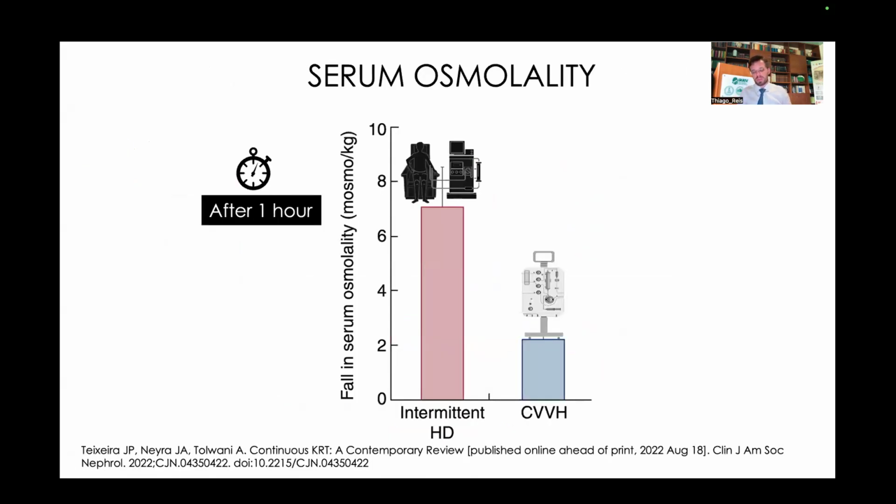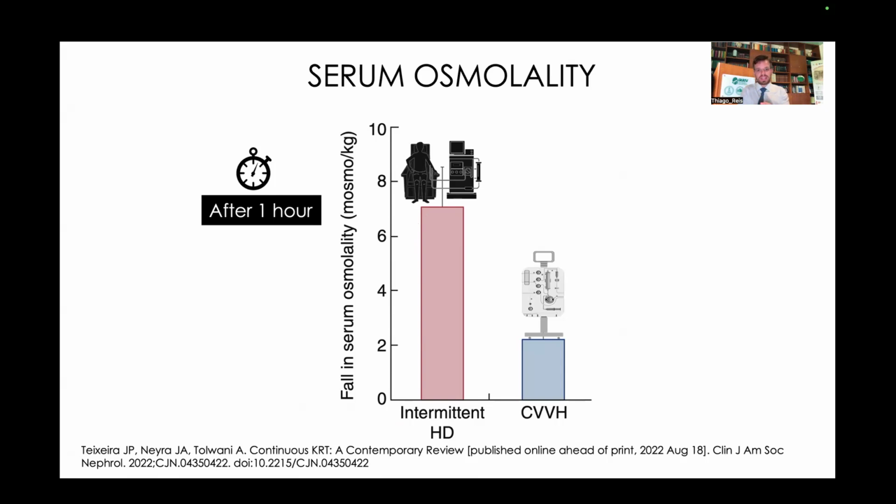And some reasons to explain why intermittent dialysis is associated with a higher risk of intradialytic hypotension. One of the reasons is the change in serum osmolality. After 1 hour of an intermittent dialysis session, there is a reduction of roughly 7 mOsm/kg of osmolality, and therefore the intravascular space is hypoosmolar compared to the interstitial space.